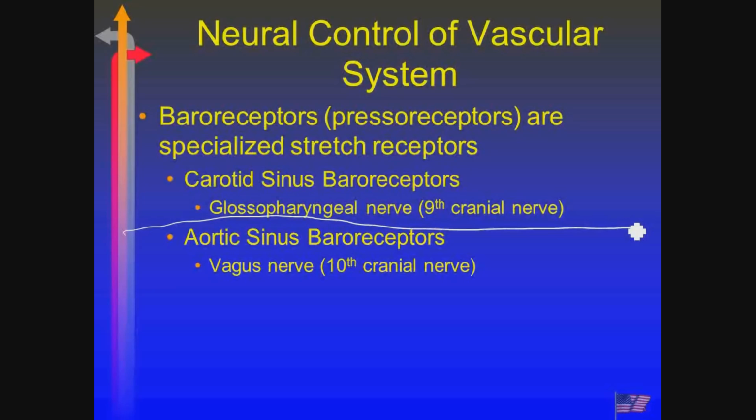We need to do something to raise blood pressure. The carotids in the neck go back via the 9th cranial nerve, which is the glossopharyngeal. The 10th, or vagus nerve, is how the impulses from the aortic baroreceptors get back. Okay.